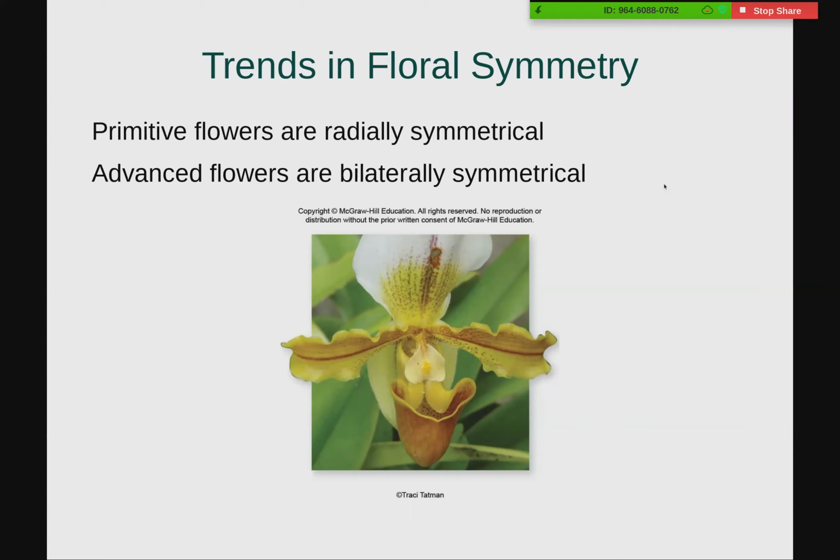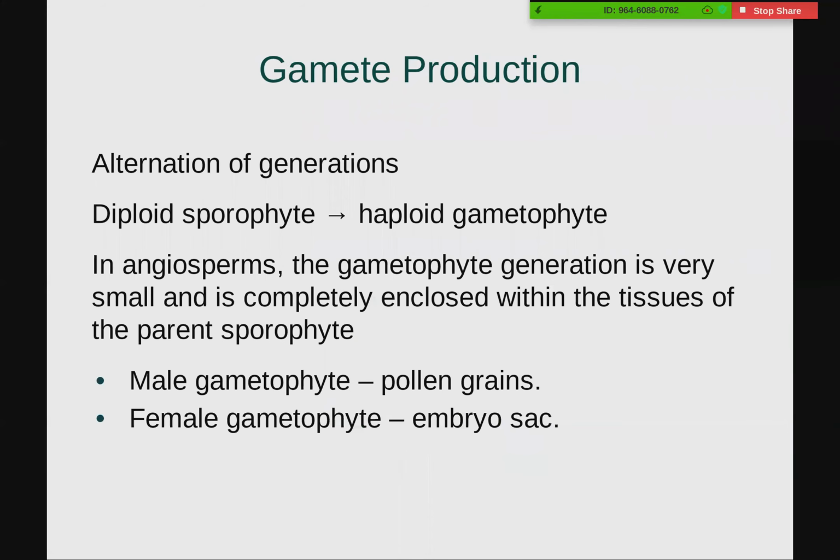Whereas advanced flowers are bilaterally symmetrical. Radially symmetrical would just be symmetrical around a circle. Bilaterally symmetrical is on an axis, right? So if I divide this flower right down the middle, it's the same on the left and right side. Bilateral symmetry is something we'll see when we talk about animals in our next lecture, just as a note.